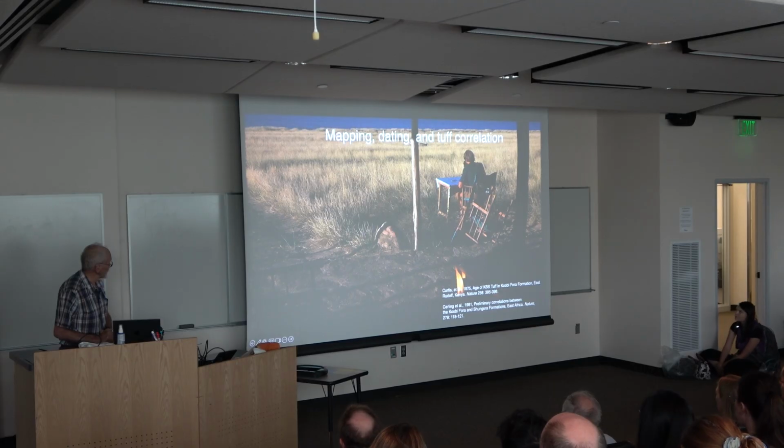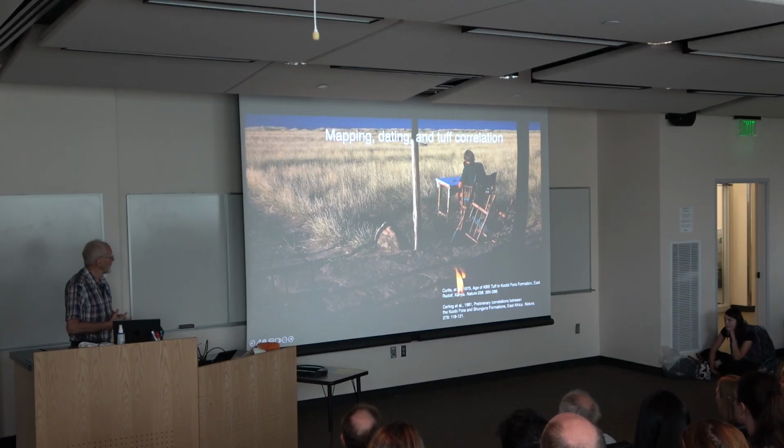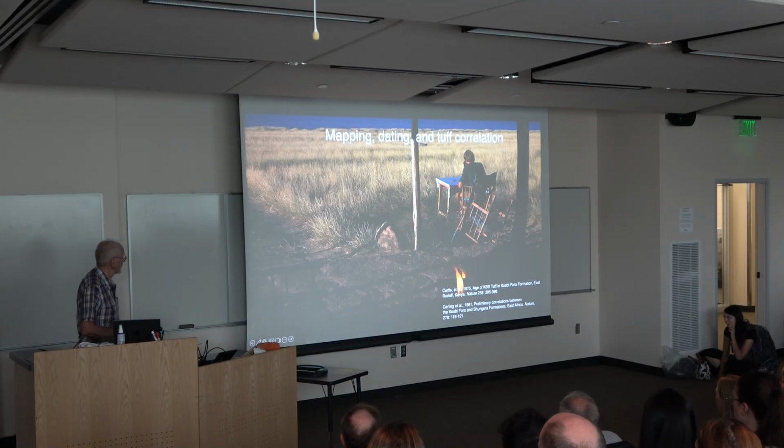I got involved early in isotope studies. Fifty years ago, I published a paper with Garniss Curtis redating one of the most important fossils at the time, a fossil known as 1470, which started a big controversy by dating this to be 800,000 years younger than it had previously been dated.